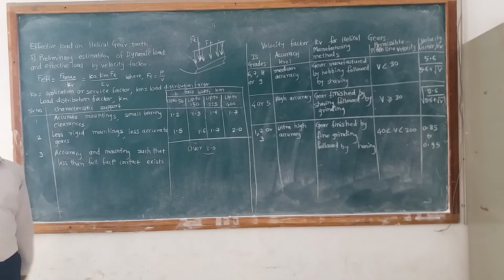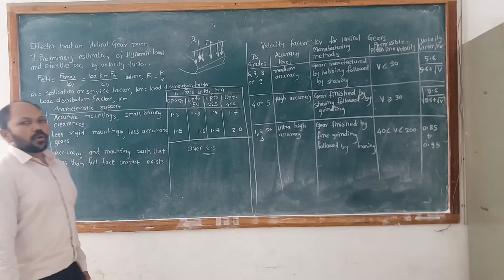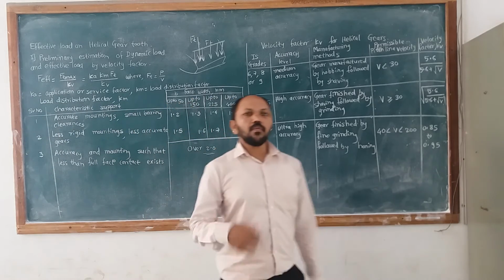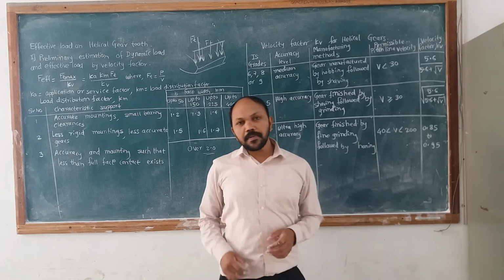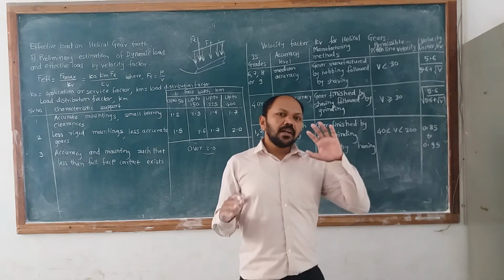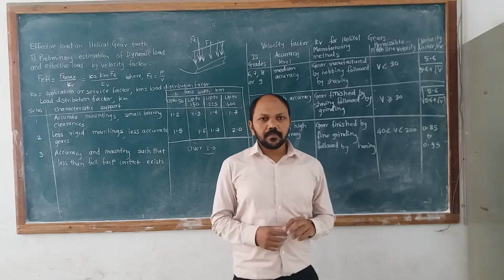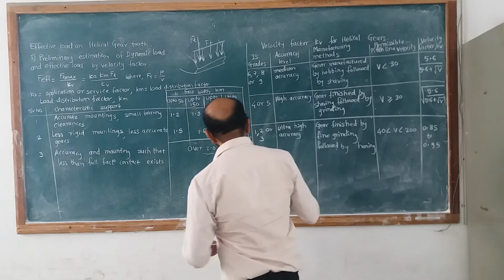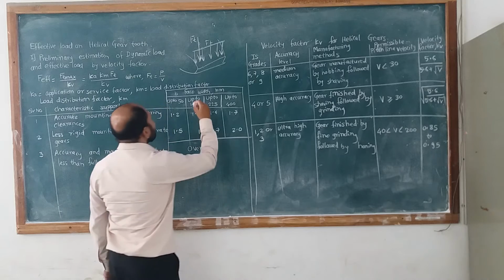Now this effective load we are getting in terms of normal module. Now what is the next step? Next step is to compare FB and FW. For example, I already took this, I want to revise again.